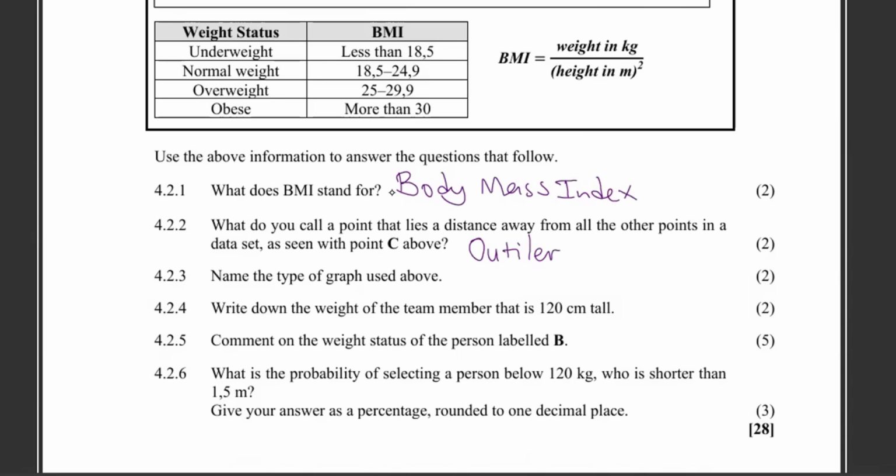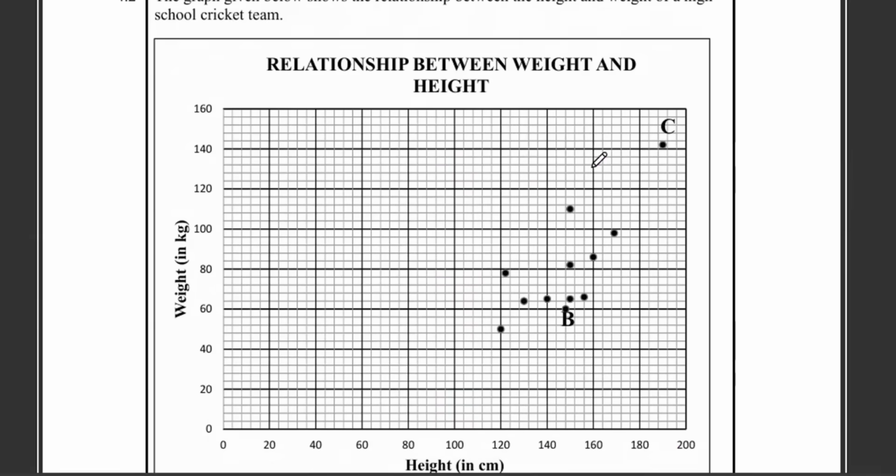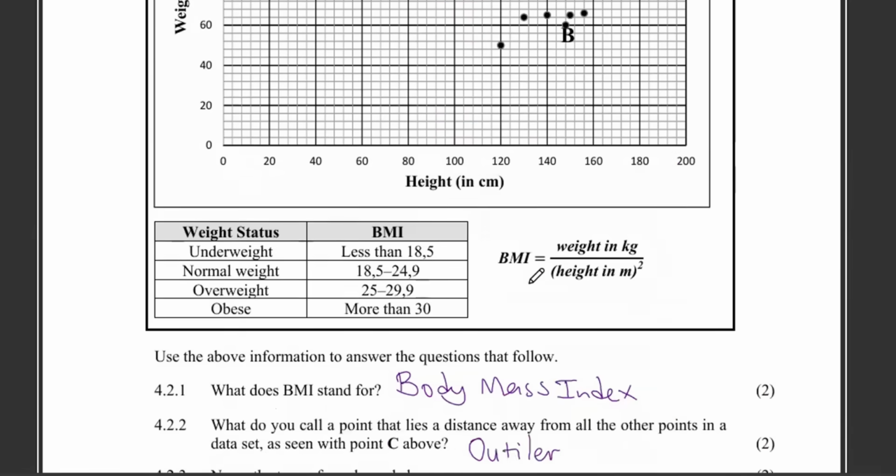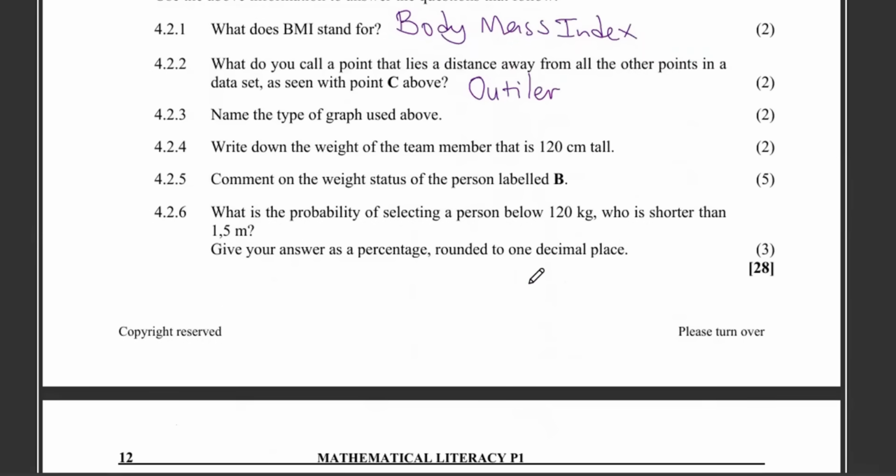It's extreme. It's away from the others. Then name the type of graph above. Please, this type of graph with dots like this, it's called a scatter plot. It's written like this. A scatter plot.